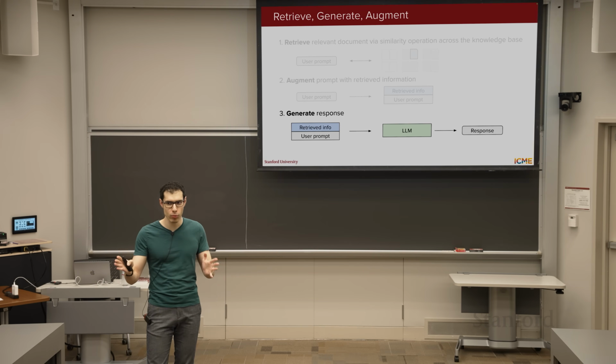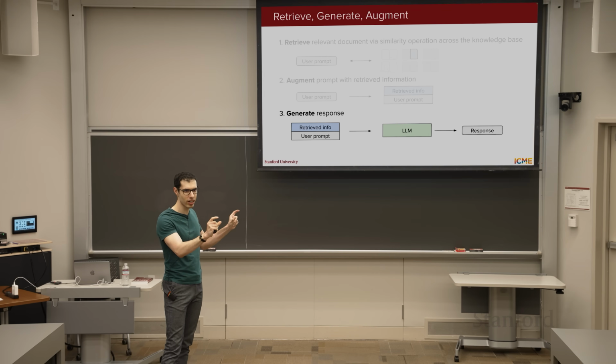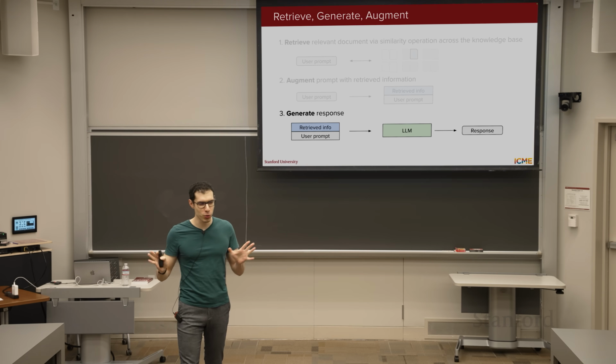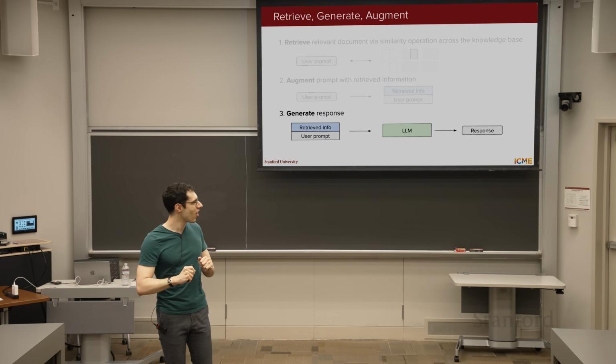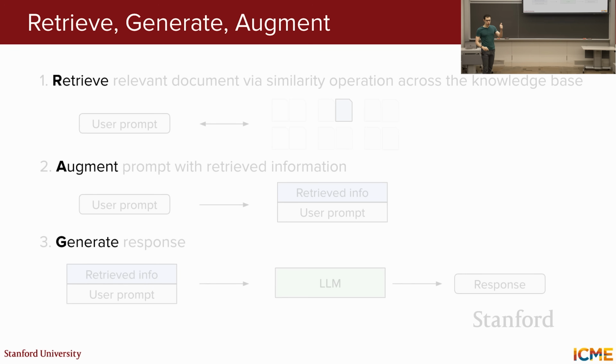But when we talk about RAG, we're mainly focusing on making the retrieval part as good as it can be. Cool. And I just want to emphasize once again why it's called RAG: retrieve, augment, generate. RAG.